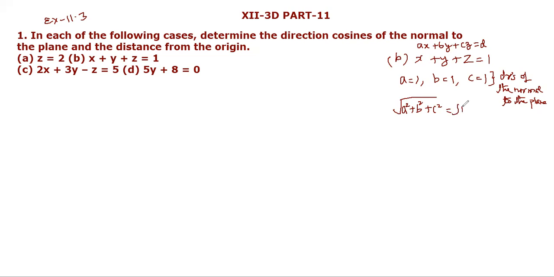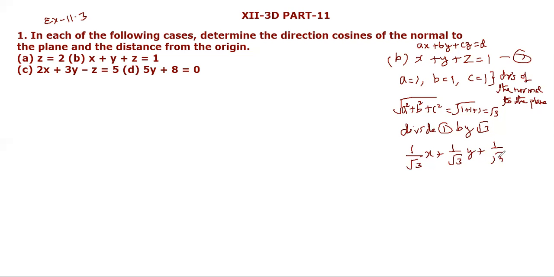So you will get 1 square plus 1 square plus 1 square, that is equal to root 3. So divide equation number 1 by root 3, we get 1 by root 3 x plus 1 by root 3 y plus 1 by root 3 z is equal to 1 by root 3.